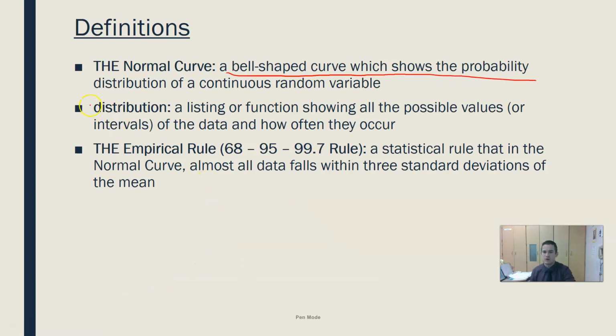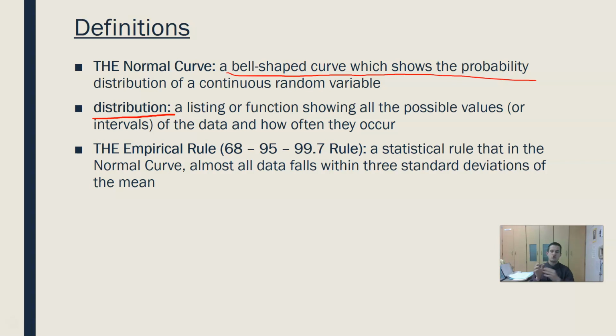So I keep saying that word, a distribution. A distribution is a listing or function showing all the possible values or intervals of the data and how often they occur. So if I use a histogram as an example, it's listing all the possible intervals that I could have for, let's use height, for example.